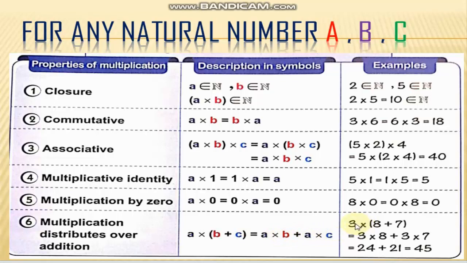For example, 3 times (8 plus 7): we distribute number 3 on 8 and 7. It will be 3 times 8 plus 3 times 7. 3 times 8 equals 24, plus 3 times 7 equals 21. 24 plus 21 equals 45.